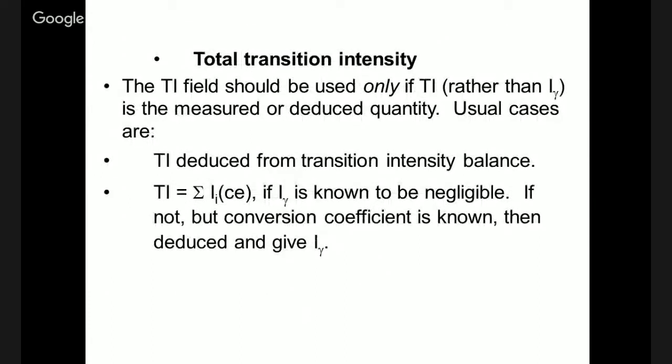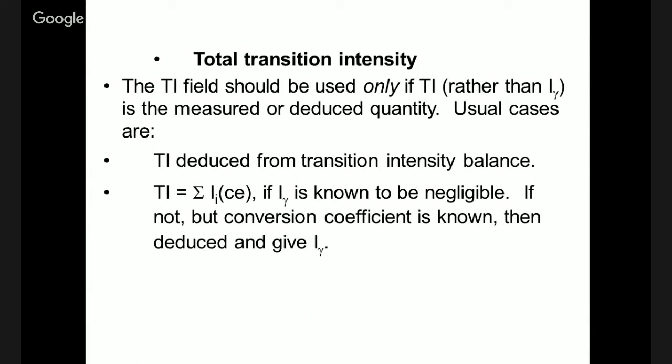Total transition intensities. This field should be used only if the measured quantity is that. Otherwise, try to avoid using this field. Usual cases are when you deduce from transition intensity balance. You have the levels and you have the gamma rays and the electrons.